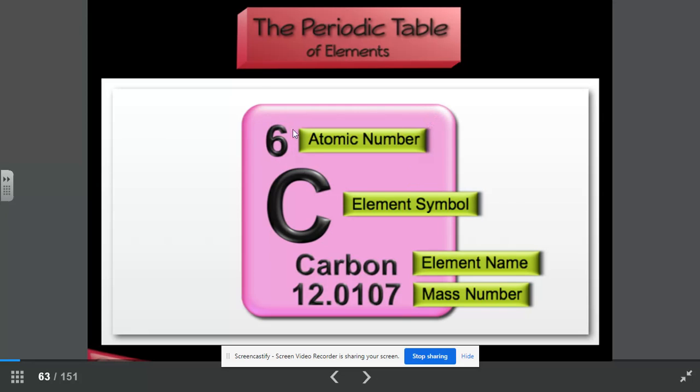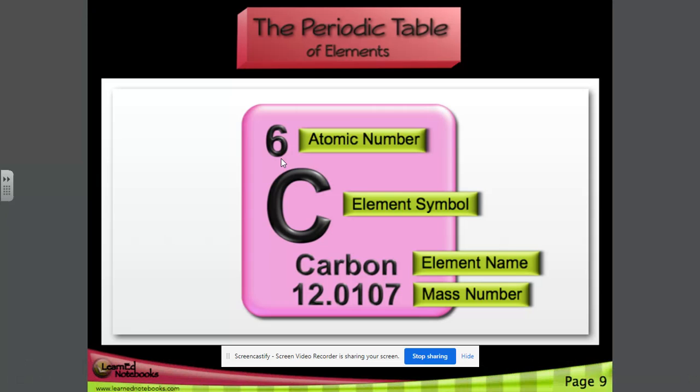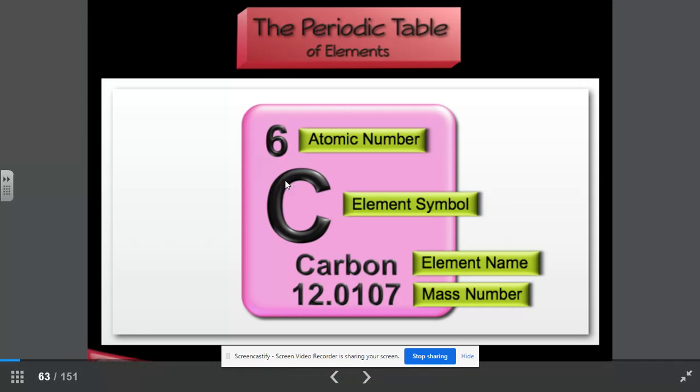But then up here, usually in the upper left corner, you will always see the atomic number. Remember, this is how the elements are arranged on the periodic table. This means that carbon has what? If you said 6 protons in the nucleus, you would be correct. Number of protons in the nucleus is the same as the atomic number.